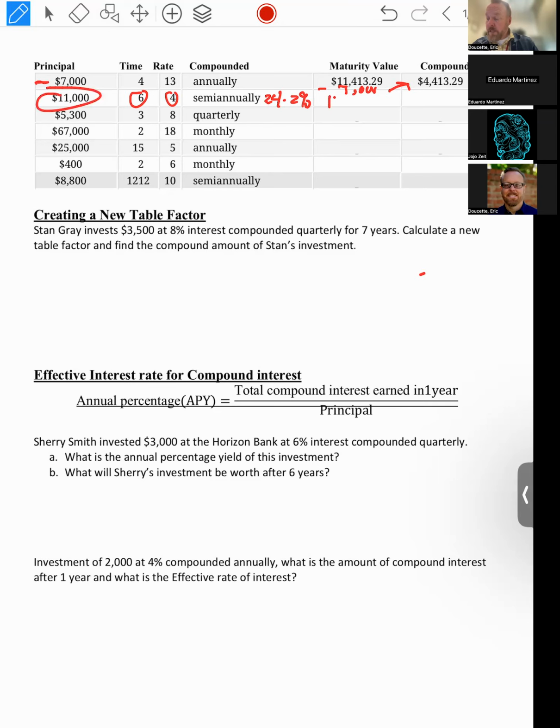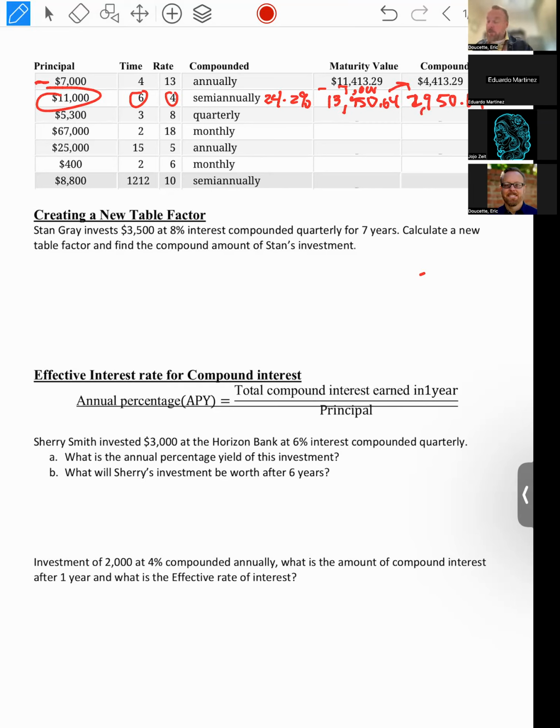The answer in this case comes out to 13,950.64. And then, of course, I would subtract the 11,000 from that to give me how much interest I've actually earned. And it comes out to $2,950.64.